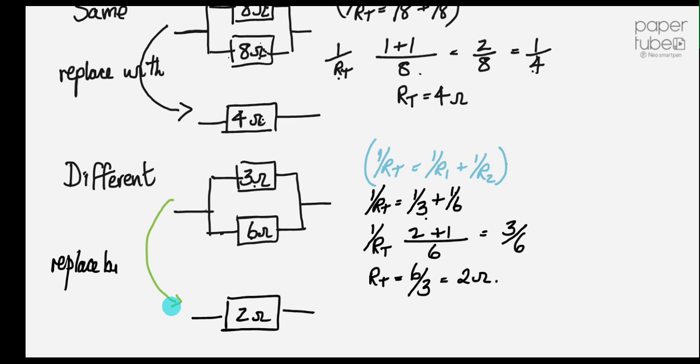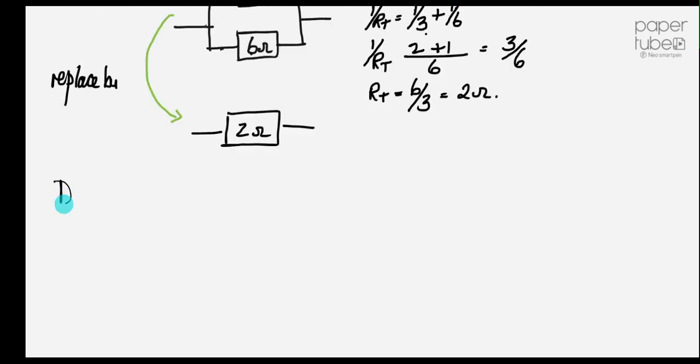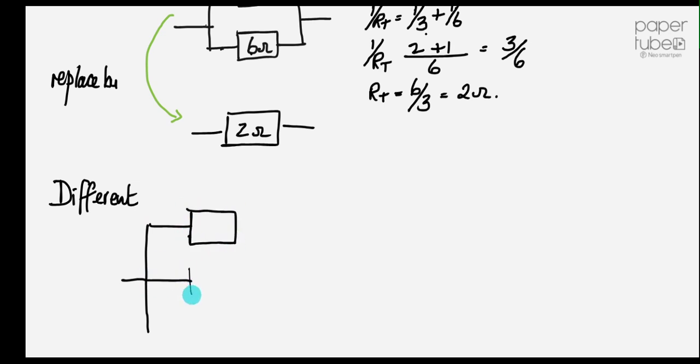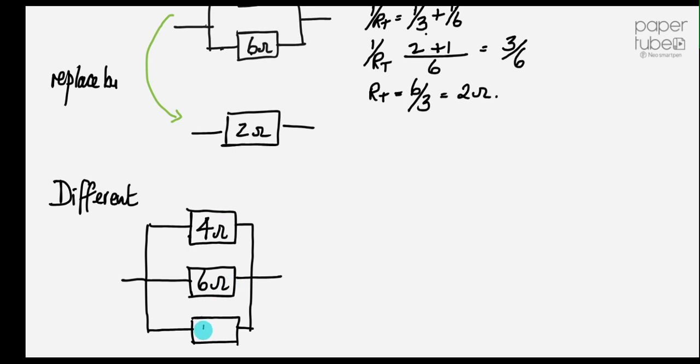Right, let's go on to the next one. I'm living life on the edge here. I'm going to do different resistors again, but this time I'm going to do 3 resistors. If you went through some of the past papers, you would think they only do 2 and they're the same, but I've changed it. 4 ohms, 6 ohms, and 12 ohms.